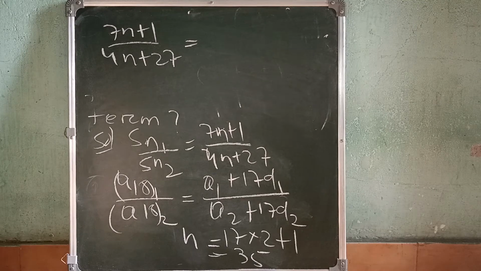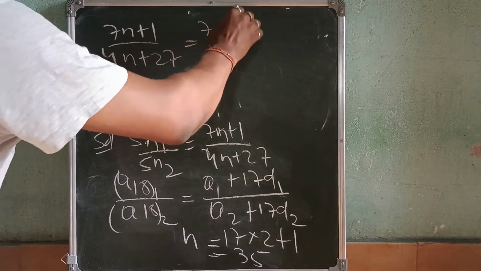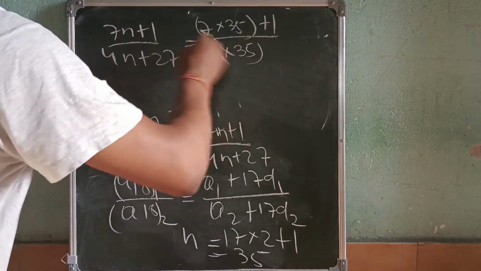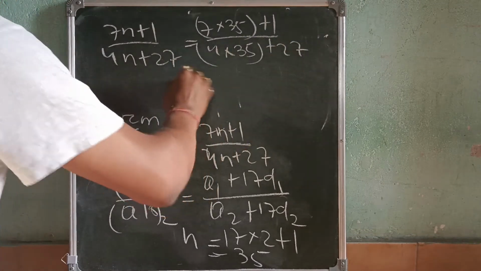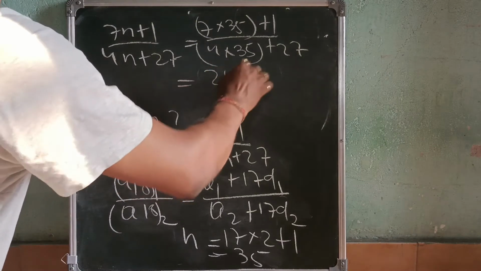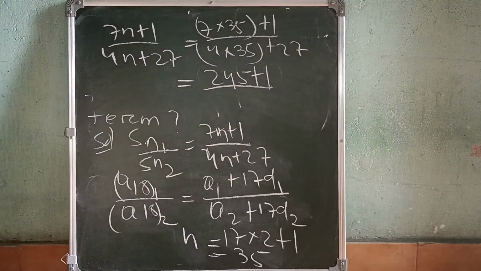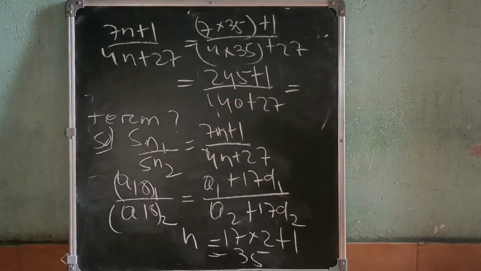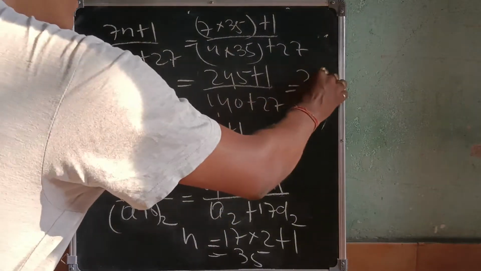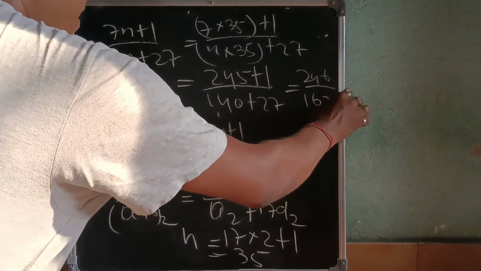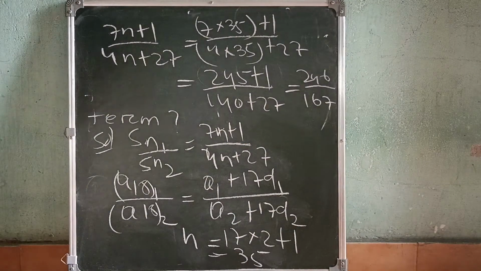So (7 into 35 + 1)/(4 into 35 + 27), that is (245 + 1)/(140 + 27), which equals 246/167. This is your second trick, right?